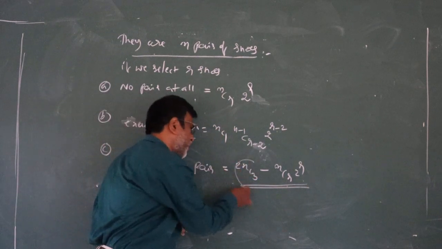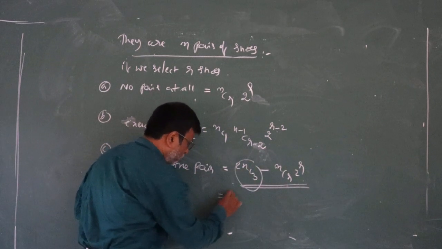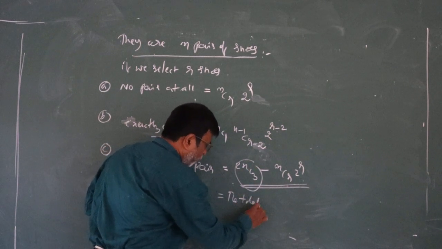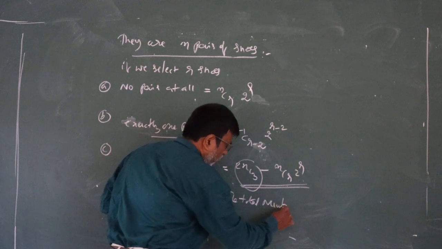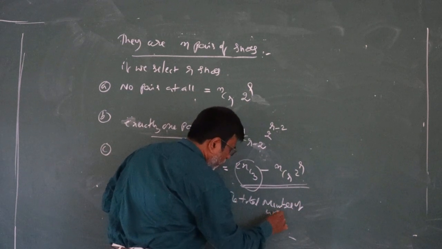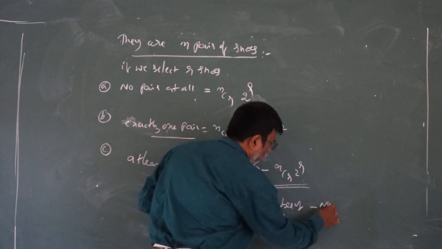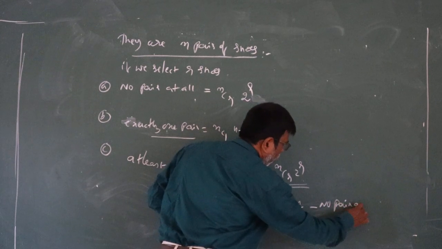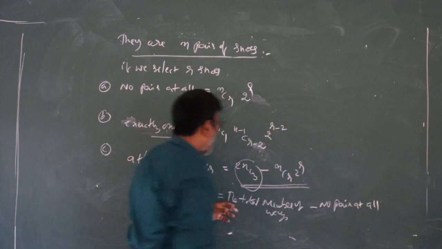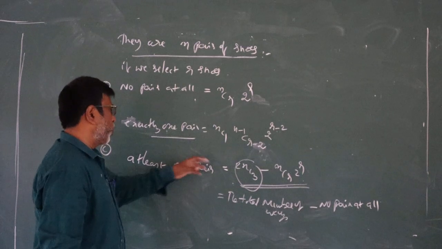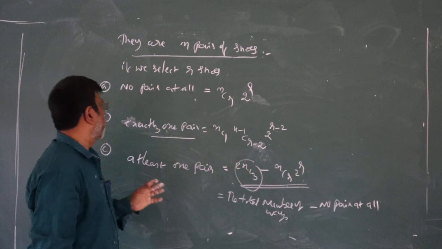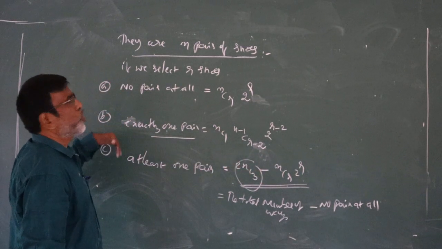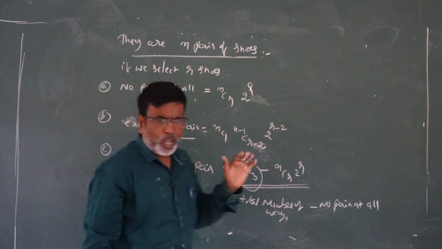The total number of ways minus no pair at all gives at least one pair: 2NCR minus NCR into 2 power R. These are the 3 important shortcuts while solving the problems.